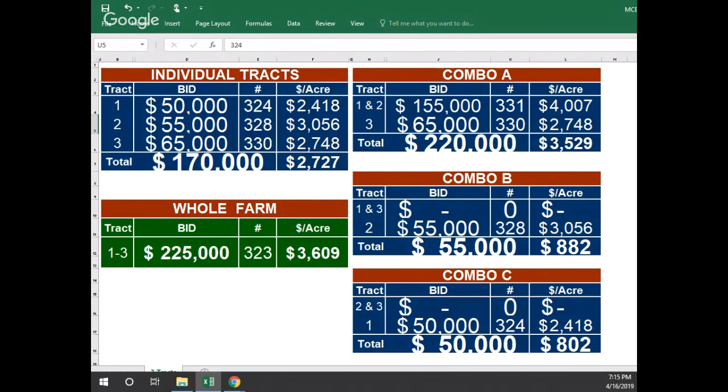Track 3, 71,000. Bidder 330. AJ, would your man give 230,000? Whole farm goes to 230,000. Next bidder is 323. 230,000, bidder 323.